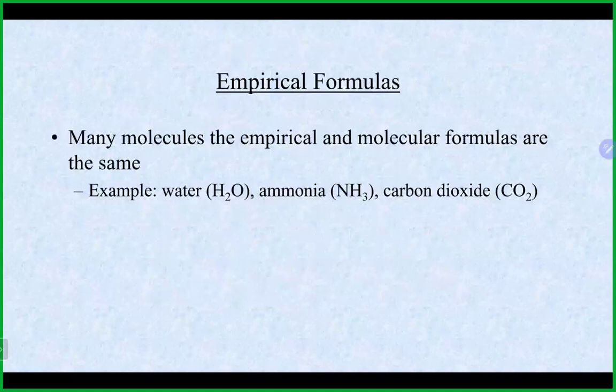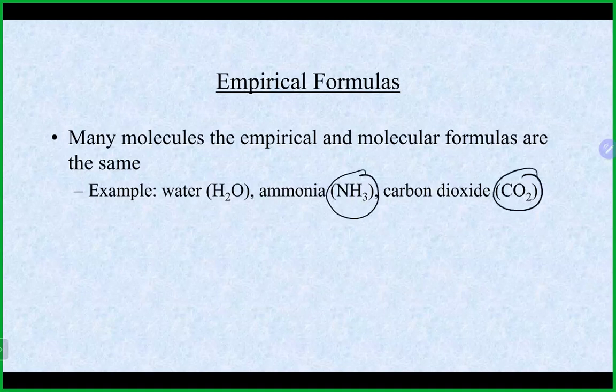And again, a few examples here. There's no way to reduce this any further to get whole numbers, or this, as we have a 1 to 2 relationship or a 1 to 3 relationship. So in each of those cases, that would be both the empirical formula and the molecular formula.